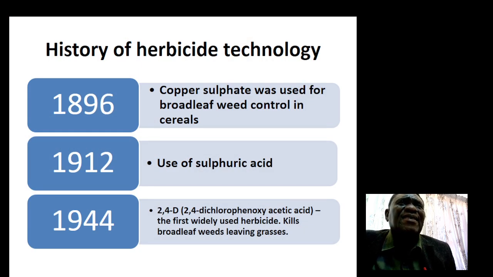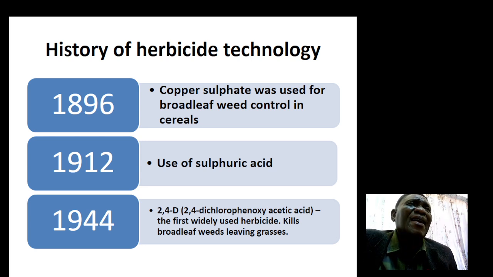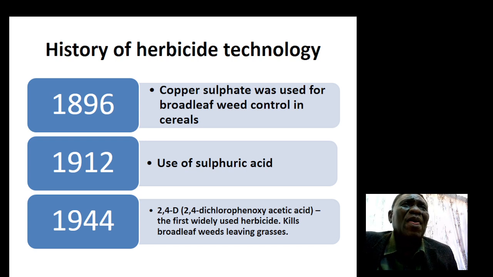This is just a brief history of herbicide technology. In 1896, copper sulfate was used for broadleaf weed control. By 1912, an attempt to use sulfuric acid, but it was not until 1944 where real herbicides, as we know them today, were developed.